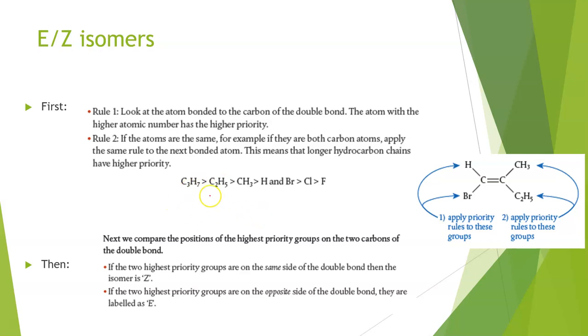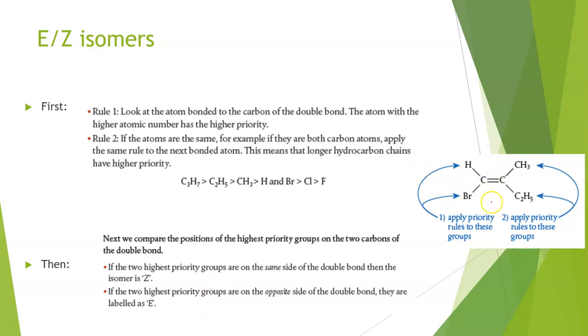So a C2 chain is going to be a higher priority than a CH3, which will be a higher priority than an H. When we look at our halogens, bromine is going to be a higher priority than chlorine, which is going to be a higher priority than fluorine. We compare the positions of the highest priority groups. If they're on the same side, they're Z. If they're on the opposite sides, they're E.